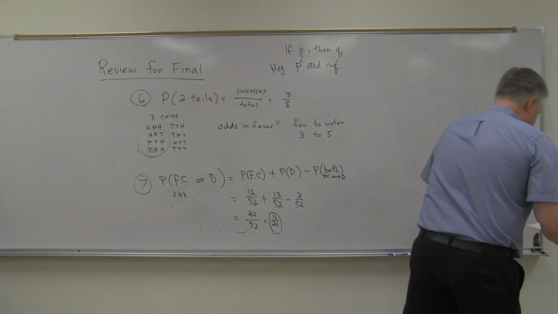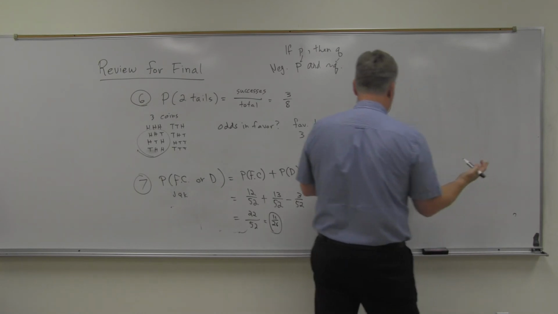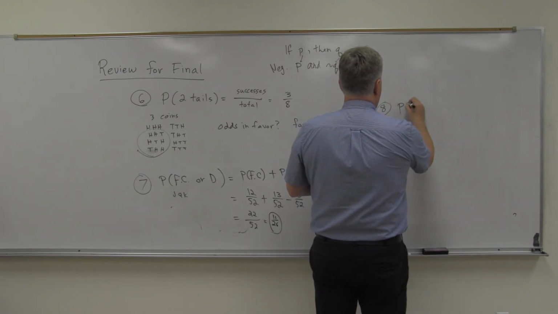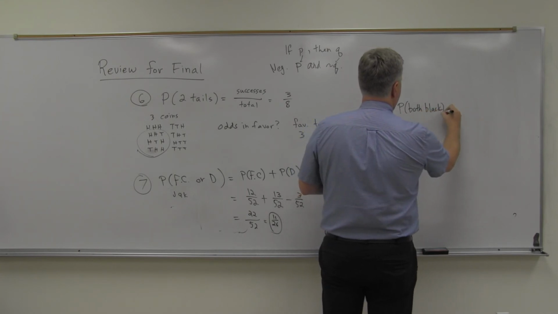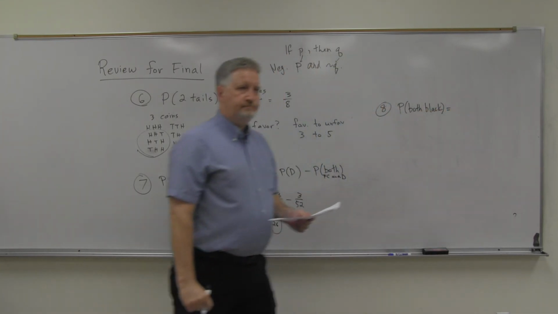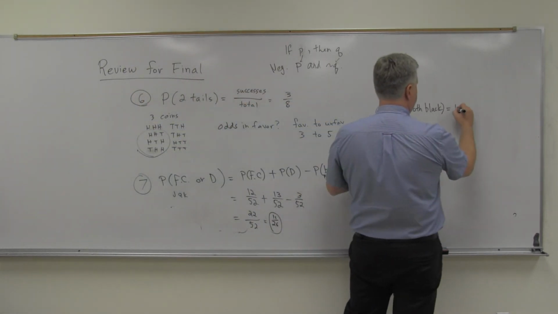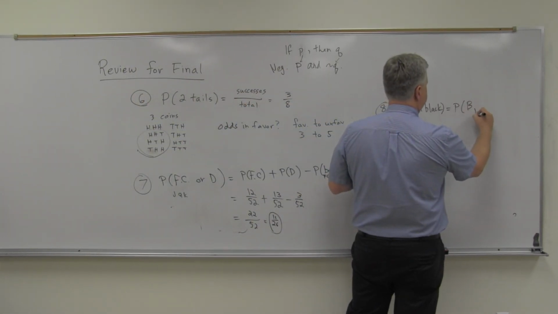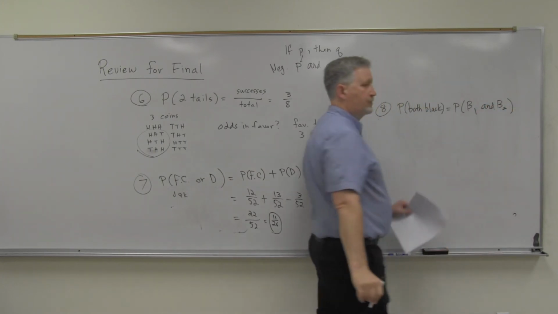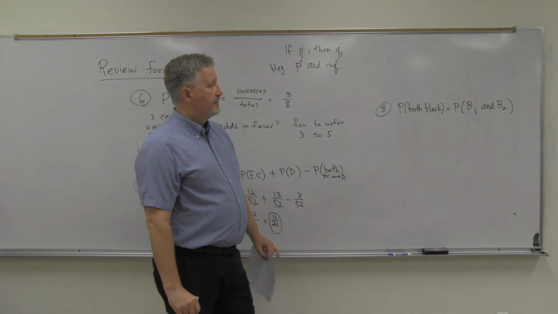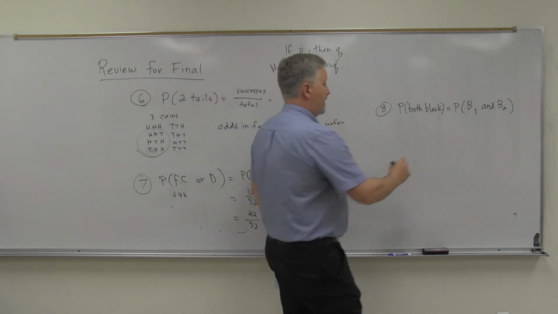All right, then, number 8, we're drawing 2 cards without replacement. Probability that both are black. So that means, to put it in better words, it'd be black on the first and black on the second. So it's an and probability, and remember and means multiply.